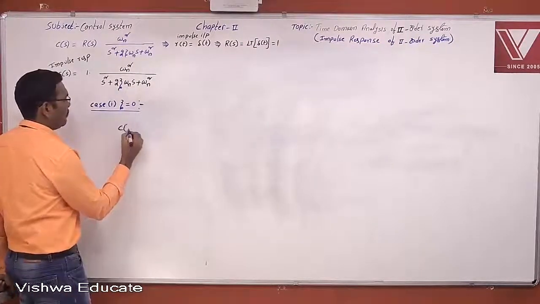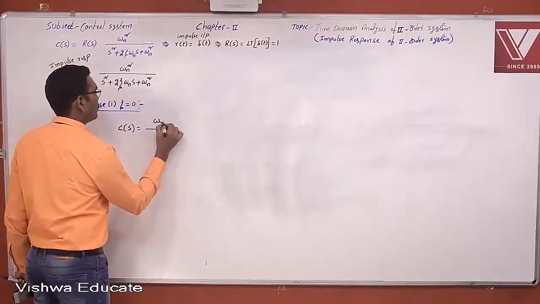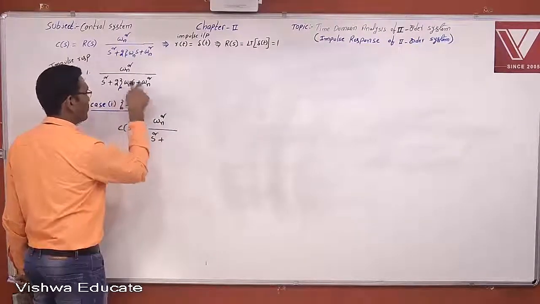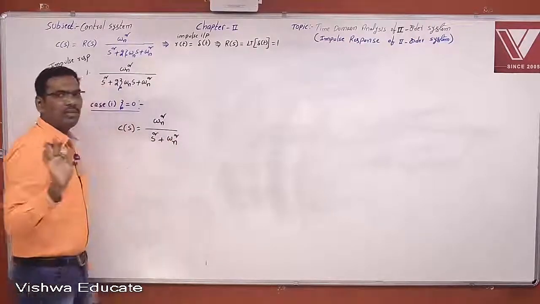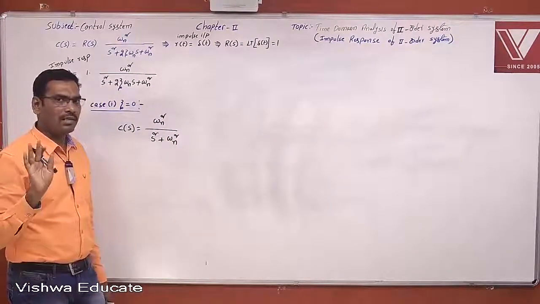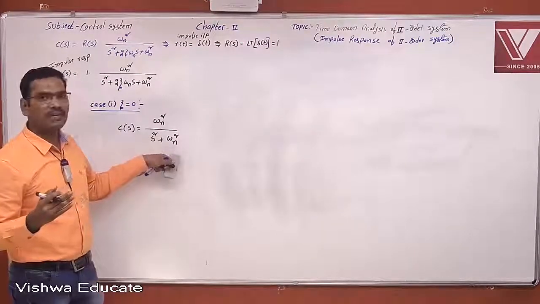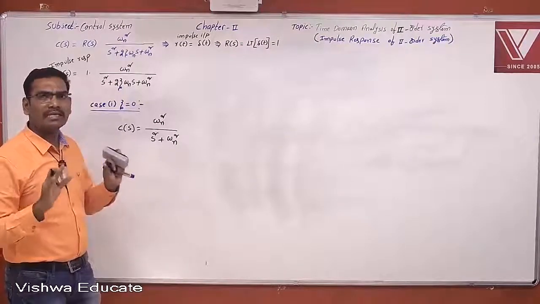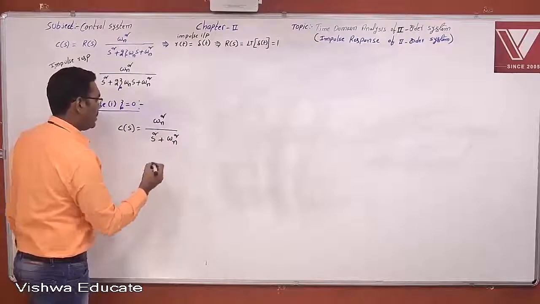C of S is equal to omega n square by S square plus omega n square, since zeta equals 0. Don't do partial fractions or any such things. You have the pole location directly. Once the pole location is available, you can tell all the answers, every parameter. S square plus omega n square equal to 0.